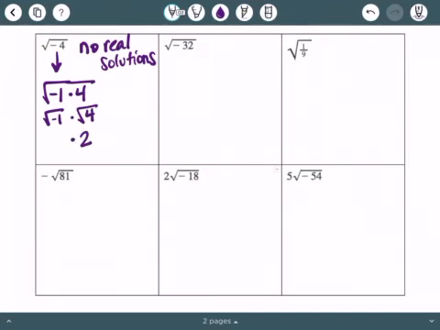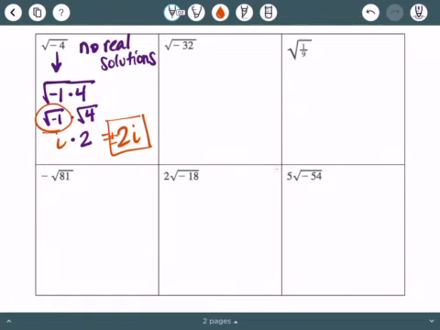And then the new thing that we've learned recently is that this square root of negative 1 is what we call the letter I. And so the letter I represents that. And so 2 times I, we write 2I. And that would be our answer there. Some mathematicians would put plus and minus there because technically it is two solutions. It's the positive version as well as the negative version.